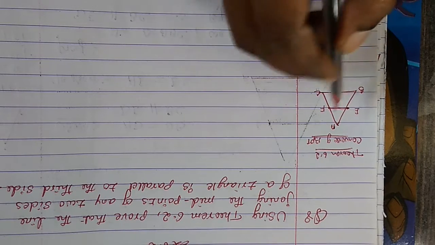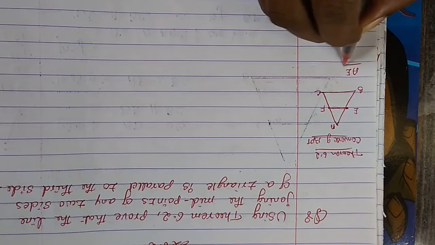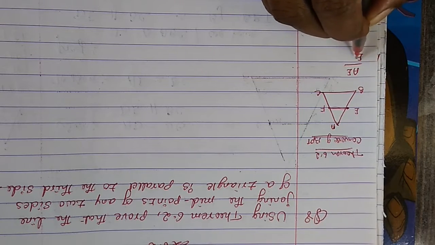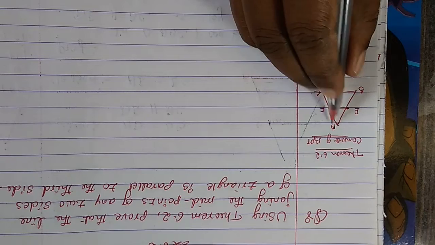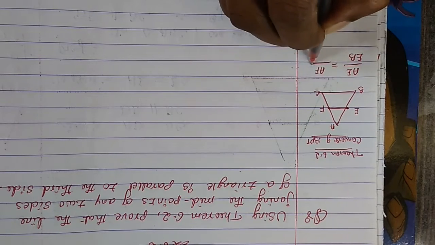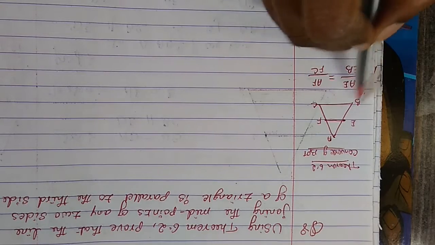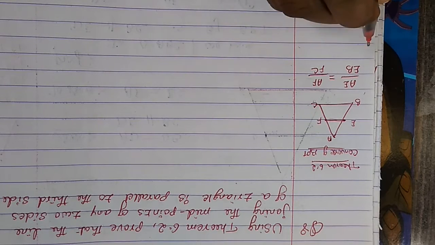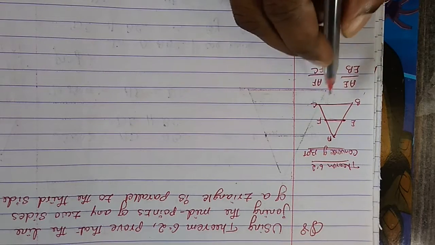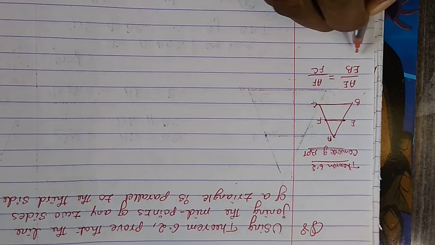So if AE upon EB is equal to AF upon FC, if these ratios are equal, then these lines are parallel.